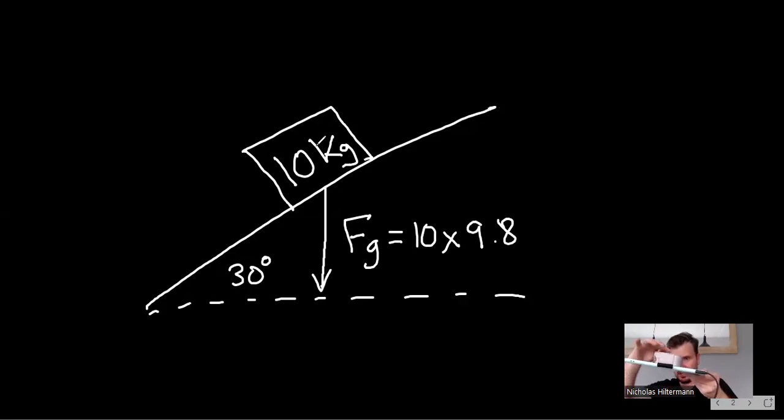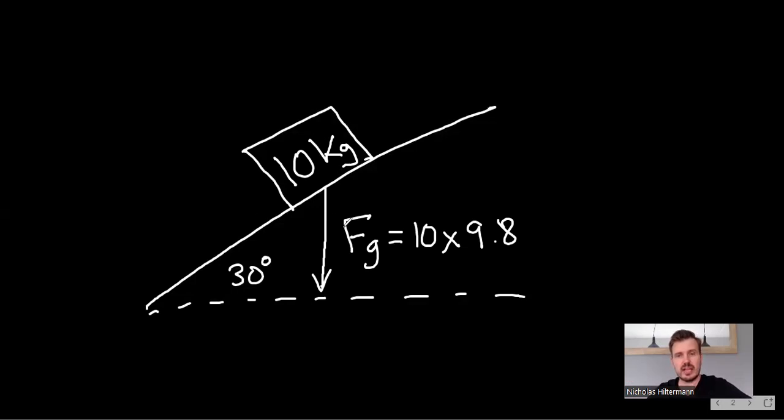Now, as I tilt this, we're going to notice that at some point it starts to move. Why? Because gravity is acting down the slope. But why didn't it move straight away? Because of friction, right? There's still some force acting into the slope, which means I'm going to get friction.